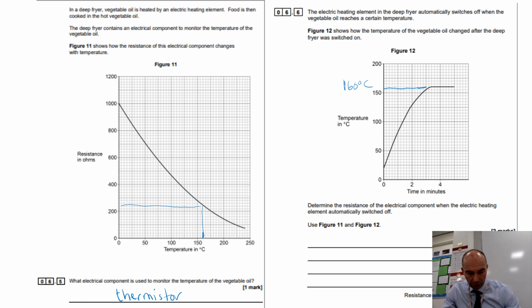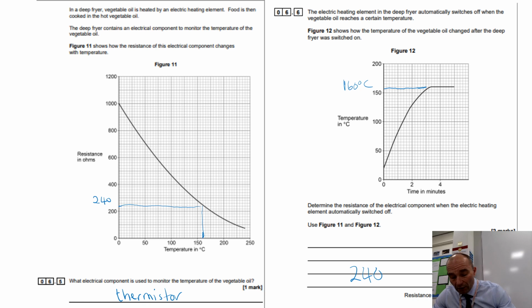So again, you're going to have a nice straight line because you're going to use a ruler, and then you just need to read off the scale. Make sure you read off correctly, and this comes out as being 240. So although they're giving you plenty of lines to write on, the examiner would have looked at both graphs to see where you get the marks from. So if you just wrote your resistance as being 240 ohms, you've got the mark.